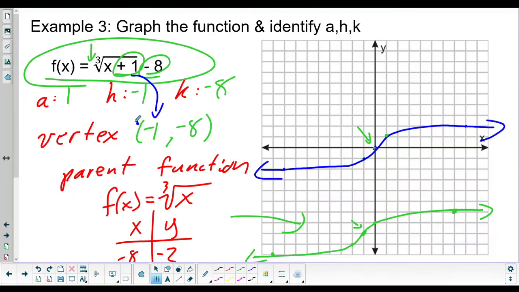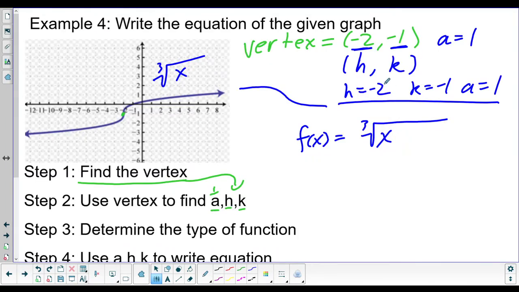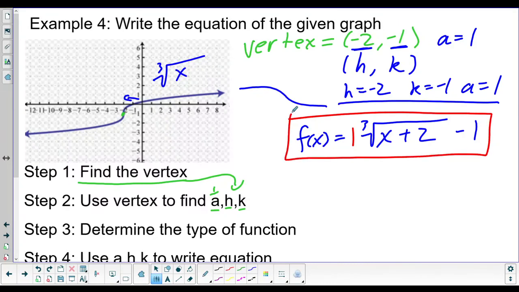When we put it back into the equation, we need to flip the sign again. So even though our h is -2, we need to flip that to get it to go left 2. So we're going to put +2 in here. K always stays the same, -1. And then our coefficient of 1, we can write it, but it's not necessary. So 1. And this would be our equation.